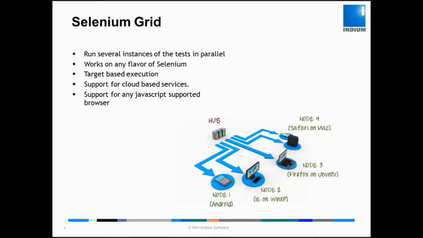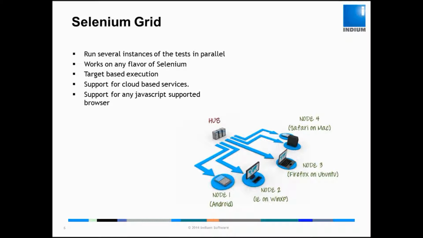This slide talks about the Selenium Grid, which is a key component of our framework. So the main concept behind the Selenium Grid is we have all the scripts available in one location called the hub machine, and we execute the scripts on multiple target machines called node machines.